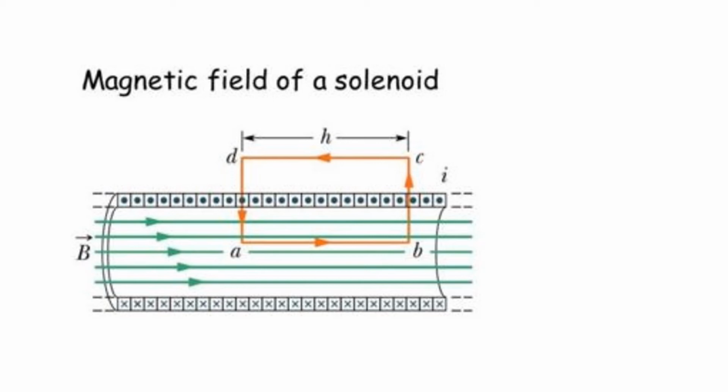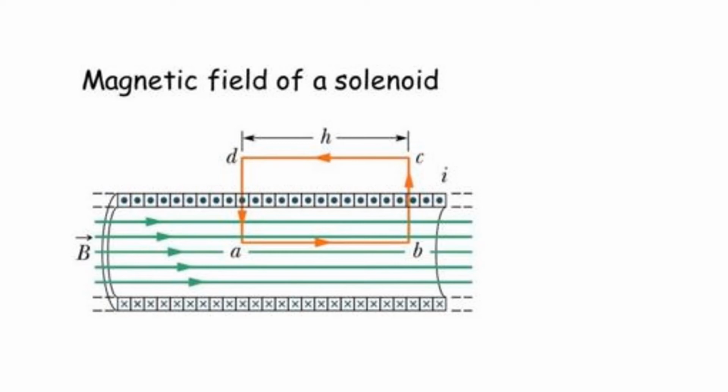To calculate the magnetic field of a solenoid, we consider here a cross-section view of the solenoid. The solenoid is wrapped on a hollow tube, we assume here. Now, assume the current I is flowing through this solenoid.